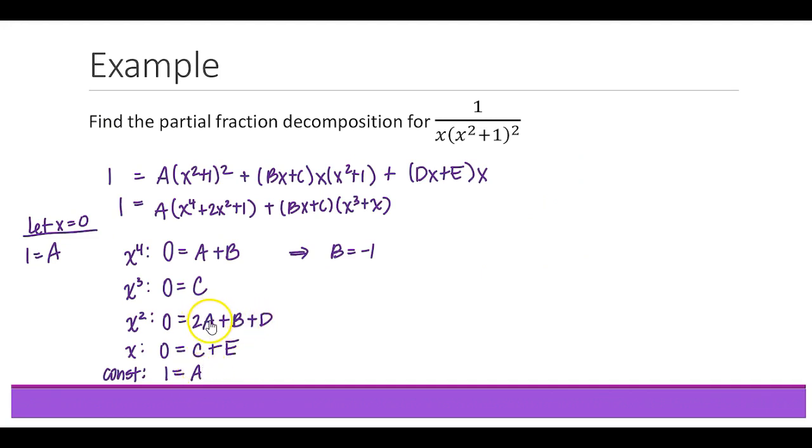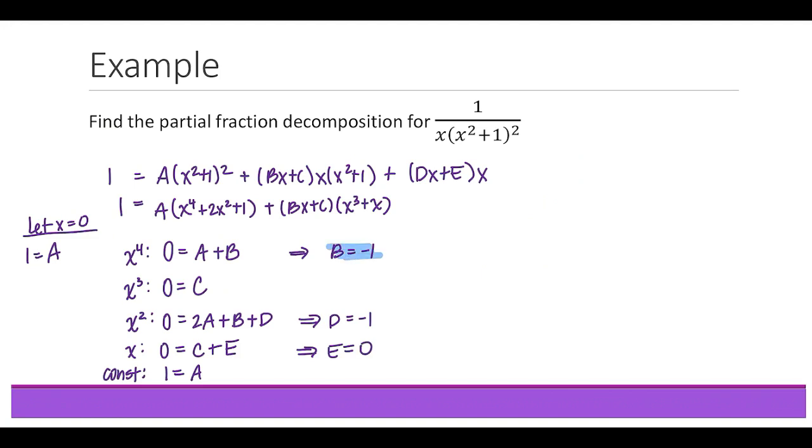So if I plug in a is equal to 1 and b is equal to -1, then I have 2 minus 1, so this is 1. So d would also have to be equal to -1. And then here, the value of c is 0, so the only way I can get 0 is if e is also equal to 0.